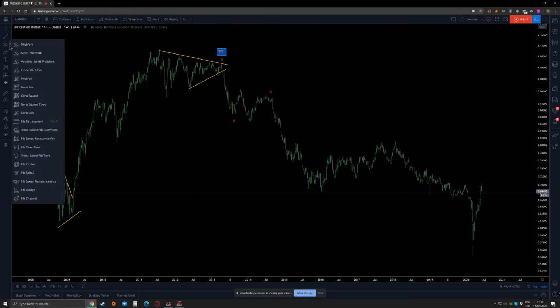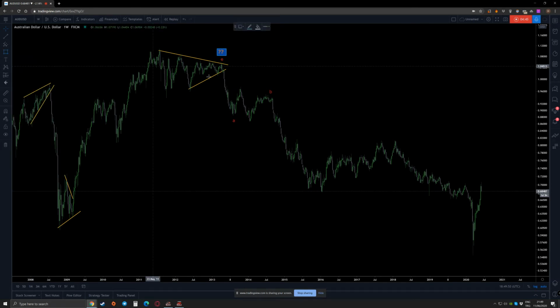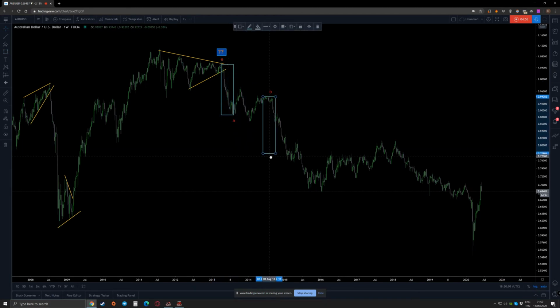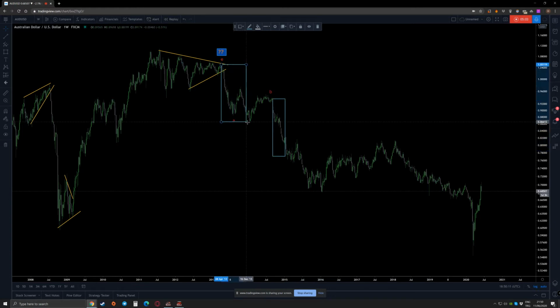So let's do the shape of our rectangle. My first idea was around here, so I put it here. Now, is this possible? Well, it is possible, yes. What if we do it like this? Put wave A here.